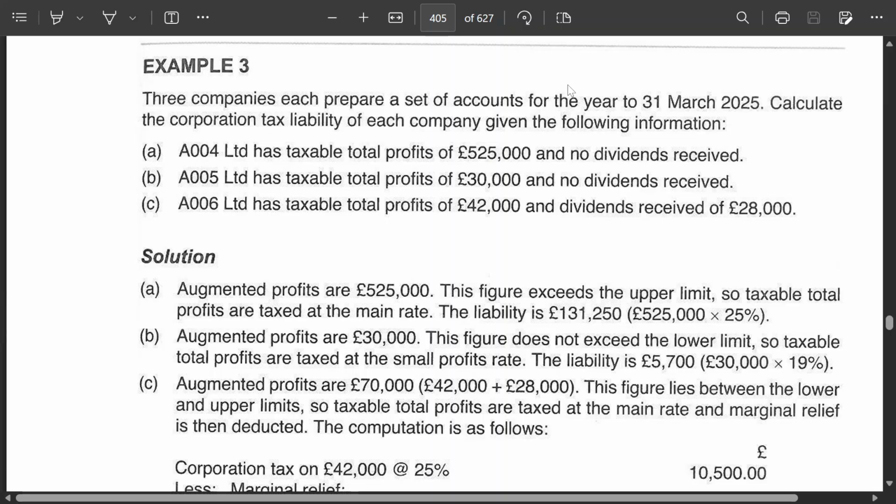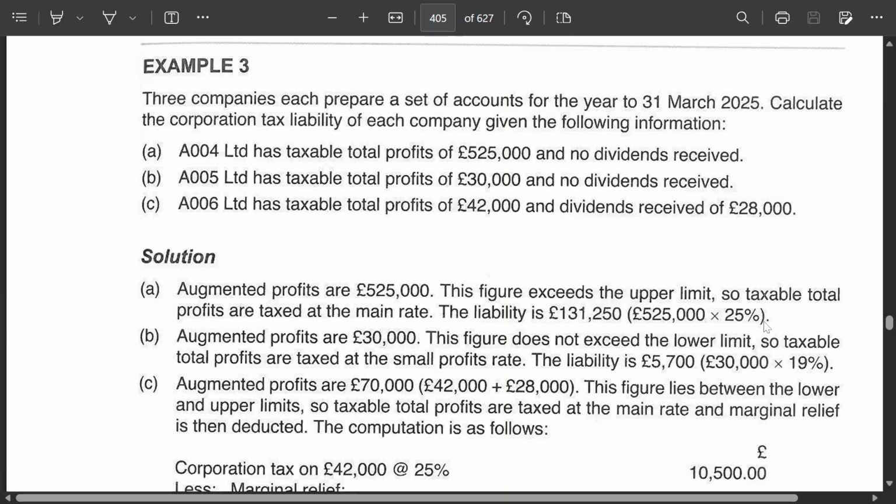So full year, so the relevant upper limit benchmark is 250K, but this one is above the 250K. So therefore it will be taxed at 25%. So 525 into 25%. Is this clear?